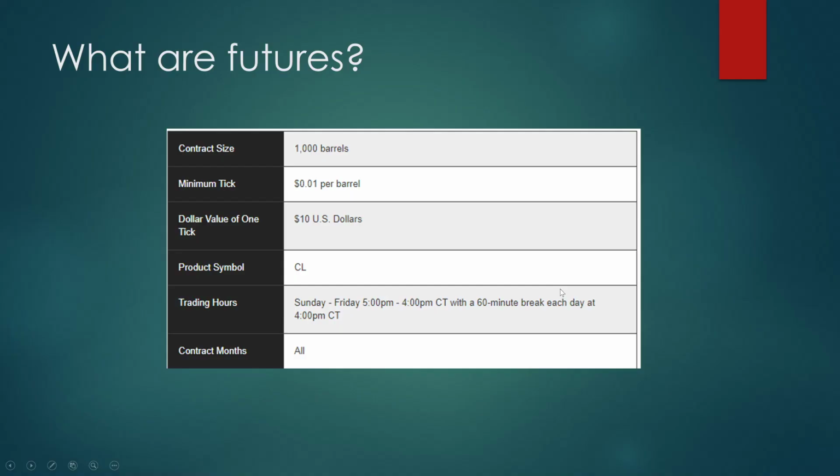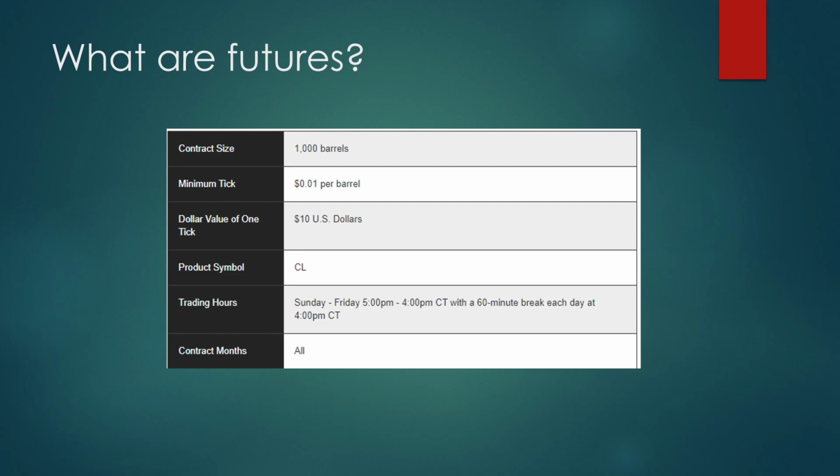So going straight into what is a futures market, basically they are contracts that have underlying assets. What you're looking at right now are the contract specifications for crude oil. Essentially, how this works is crude oil has its own market on the New York Mercantile Exchange. So it's the crude oil futures market.